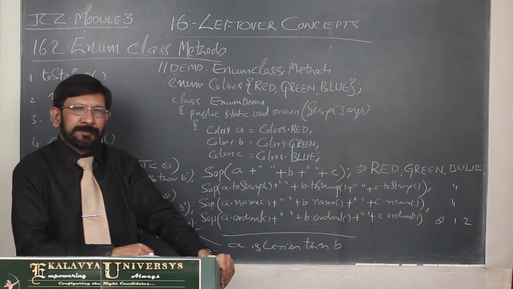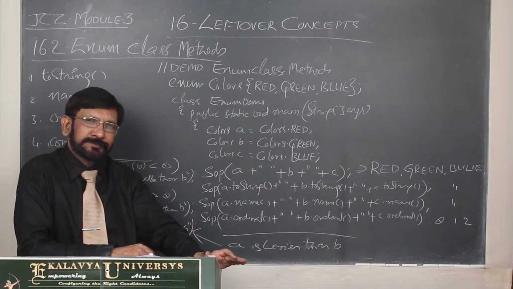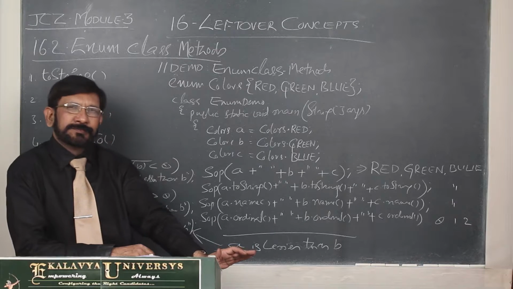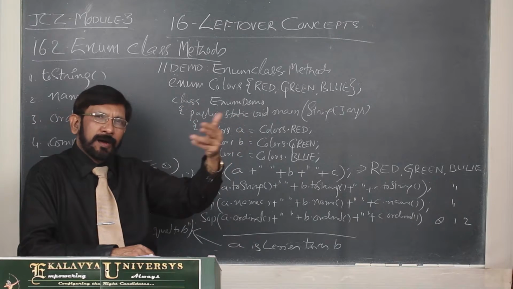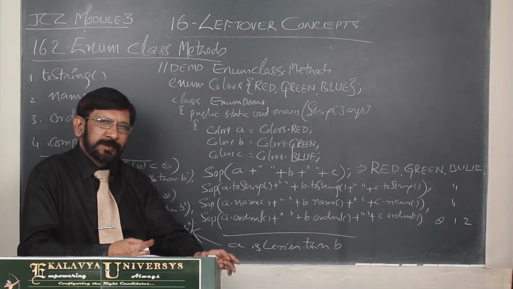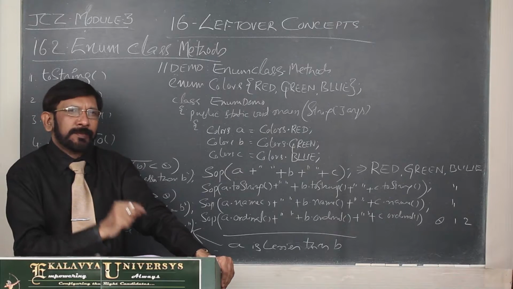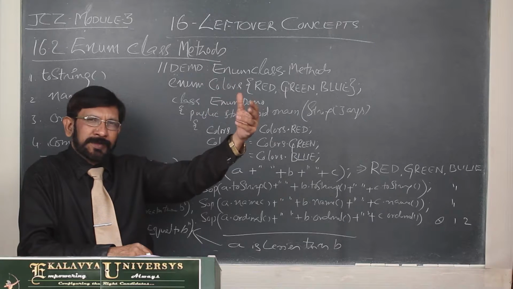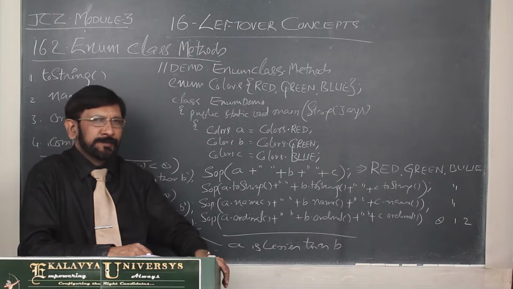The java.lang.Enum class provides a set of methods. Being a superclass, all the methods of the superclass are inherited by the subclass. That means whenever you create an enum, obviously it inherits all the methods defined by the Enum class. There are a set of methods.